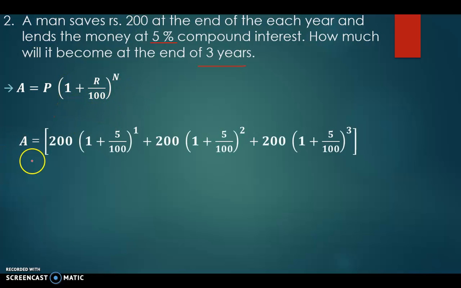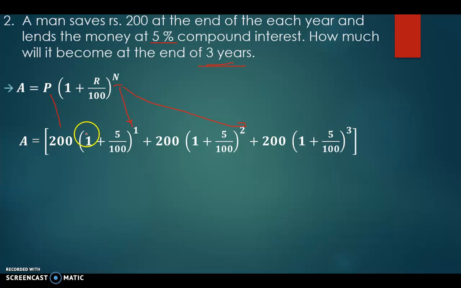So here we find the value for each year for the 3 years. 200 is the principal amount, and 1 plus R upon 100 for only 1 year. Second, we have the second year, and then the third year.